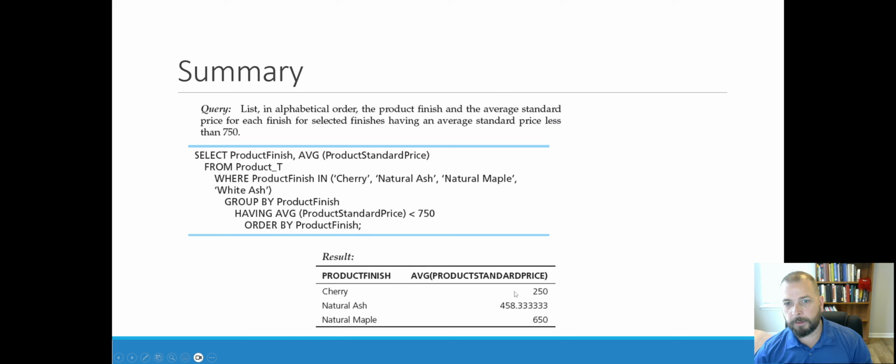But the condition for us to return back is that each of these groups has to have an average price of less than 750, and that's what we see here. And then we're going to order by that product finish column in alphabetical order. So these should be in alphabetical order, which they are. And there you go.